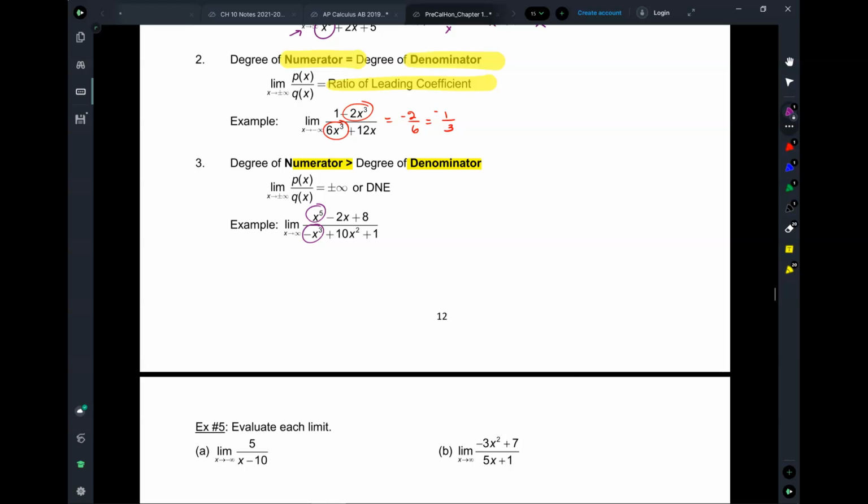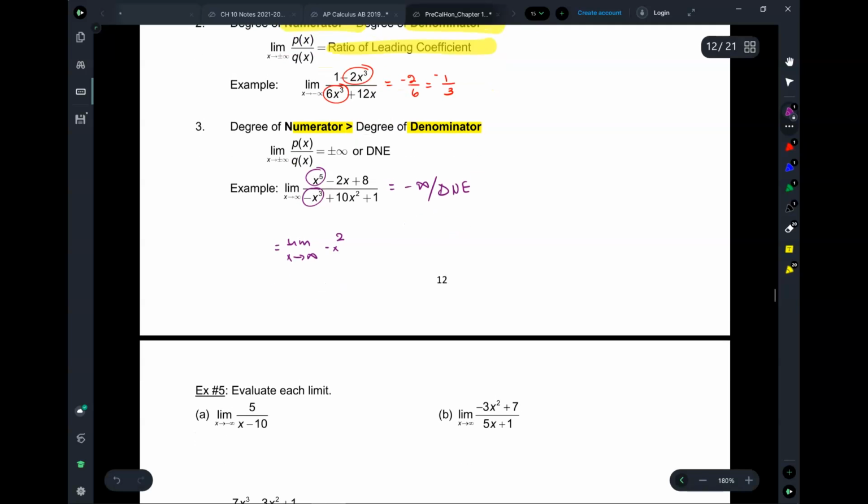Do you agree with me? Negative x squared. And if I look at that at infinity, what will that be? Positive or negative infinity? Negative infinity or DNE, because this will be the limit as x approaches infinity of negative x squared.